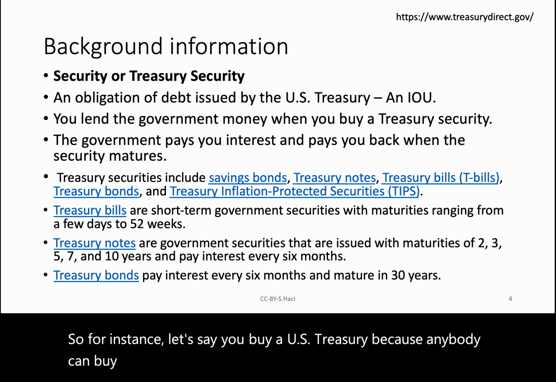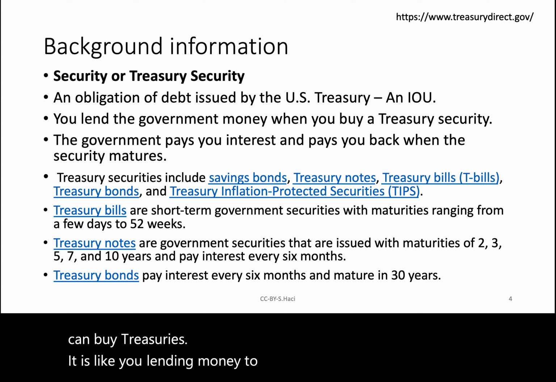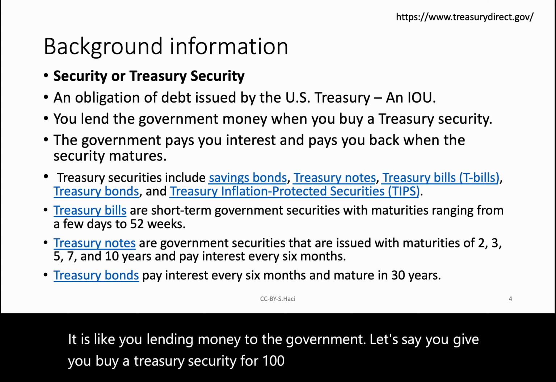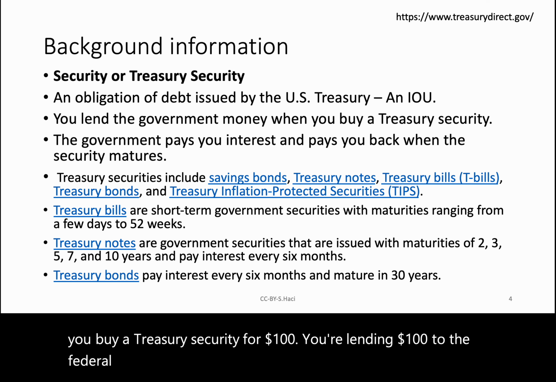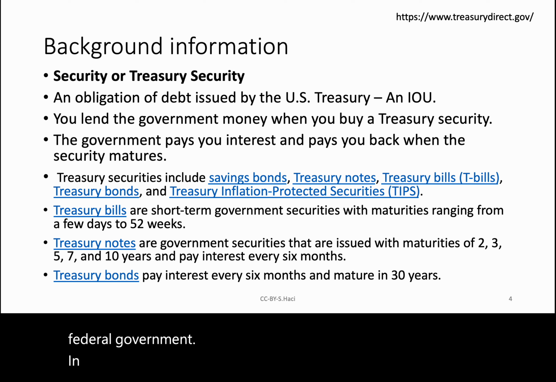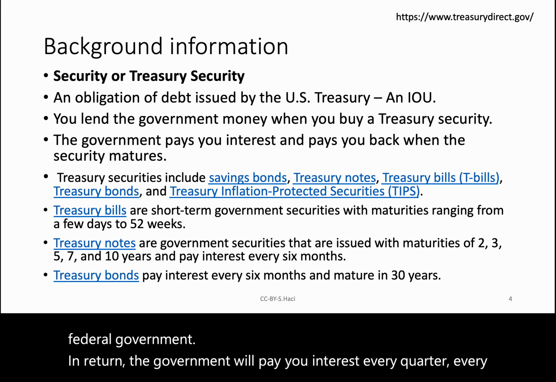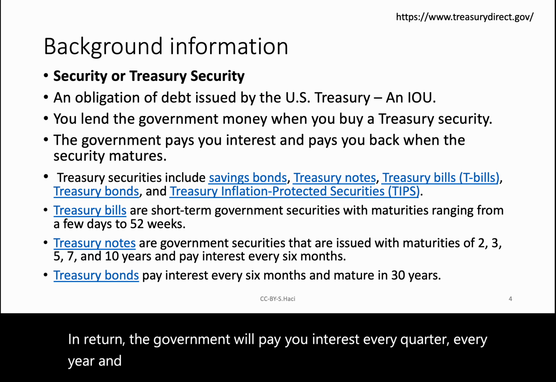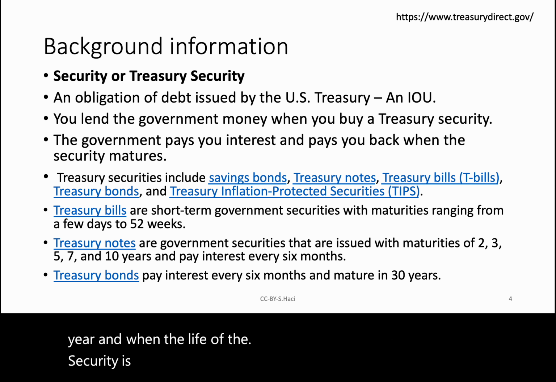It is like you lending money to the government. Let's say you buy a treasury security for $100, you're lending $100 to the federal government. In return, the government will pay you interest every quarter, every year. And when the life of the security is over, they will pay you the initial amount. So you get your $100 back.